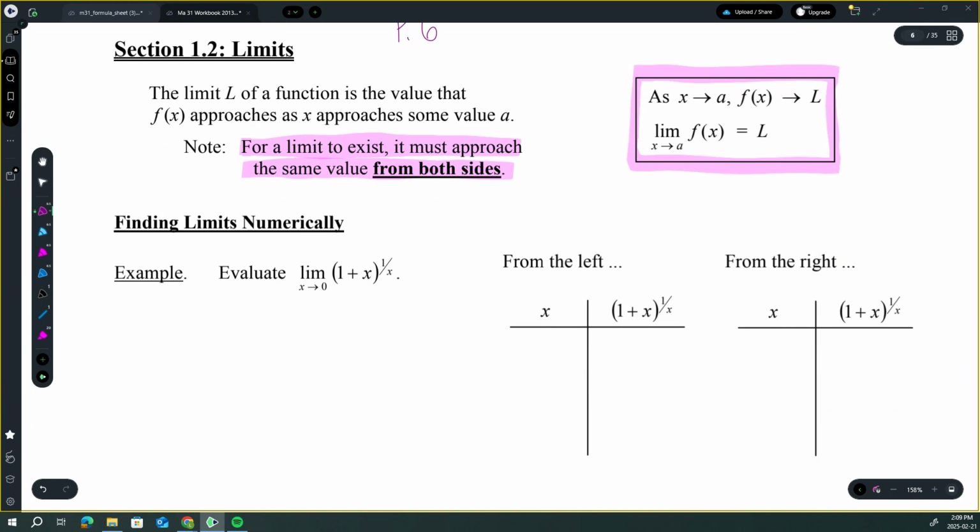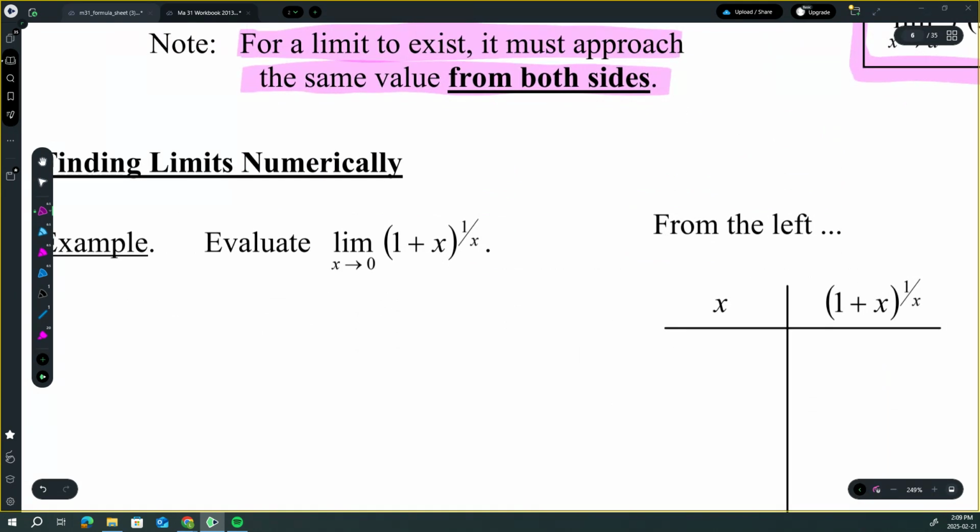All right, so let's take a look at our example for finding limits numerically. We're told to evaluate the limit as x approaches 0, and this part right here is our f of x: the limit as x approaches 0 of 1 plus x to the power of 1 divided by x.